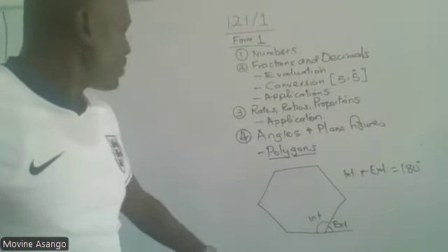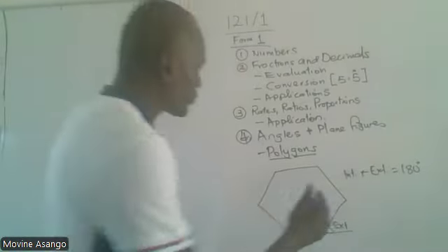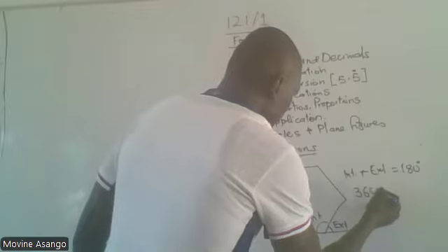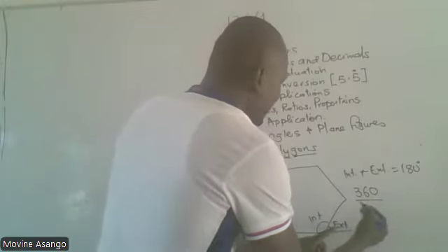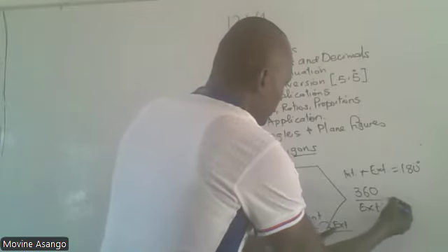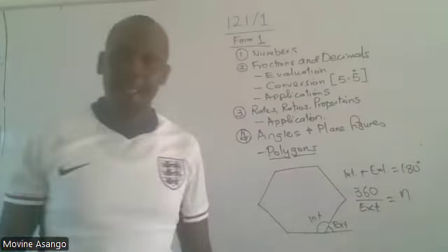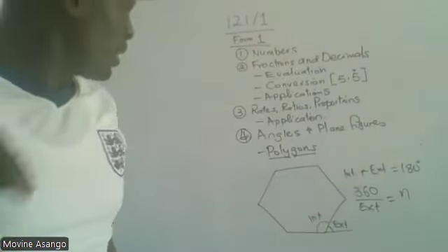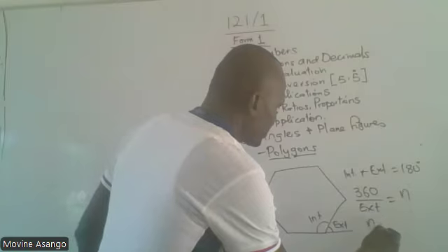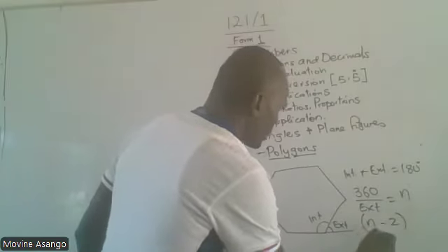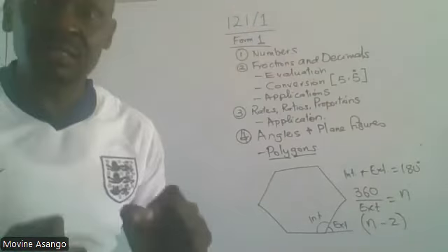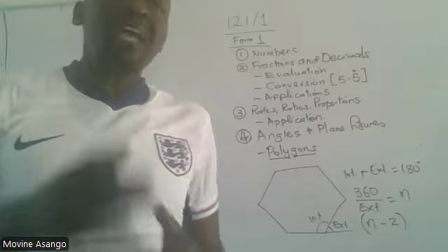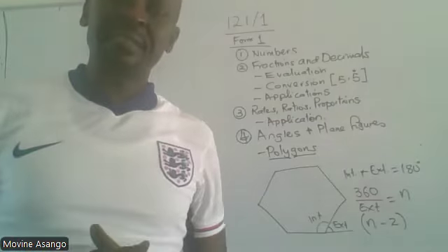If you take 360 and you divide by 1 exterior angle, you get the number of sides. If you get the number of sides, subtract 2, you get the number of triangles in this polygon when it is subdivided from 1 vertex.